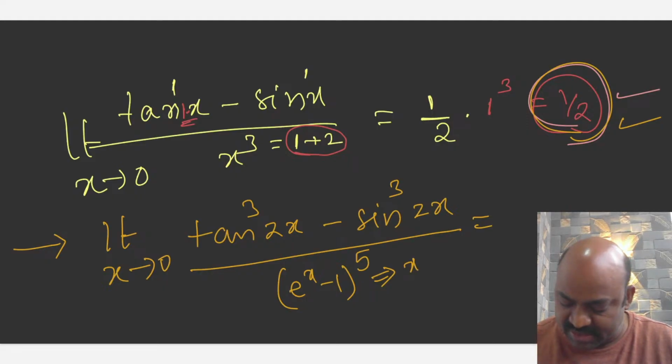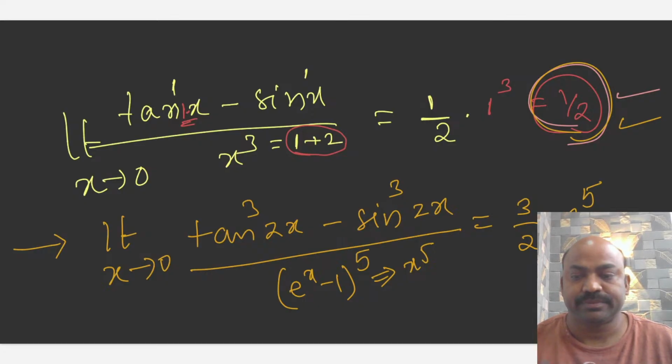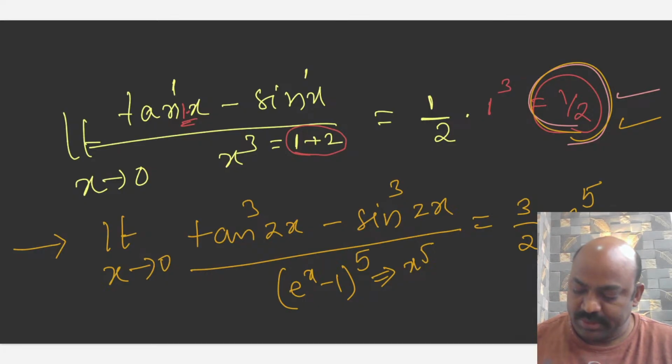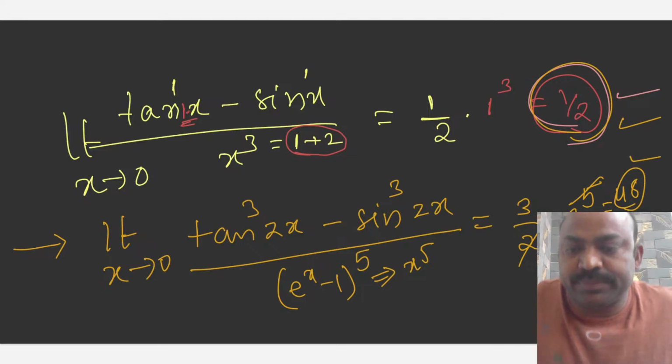Means this is x^5. So put it now: n by 2, 3 by 2, into k, which is 2^5. So 16 into 3, answer is 48. Super.